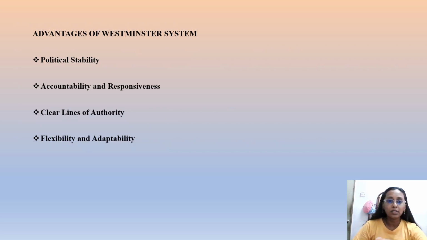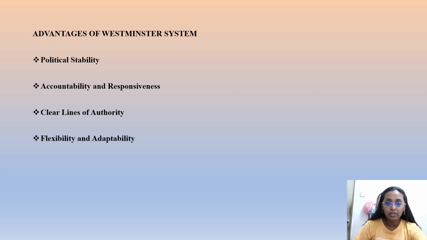However, the advantages of the Westminster system are political stability, accountability and responsiveness, clear lines of authority, flexibility, and adaptability. We go to the political stability. One of the key advantages of the Westminster system is its ability to provide political stability.